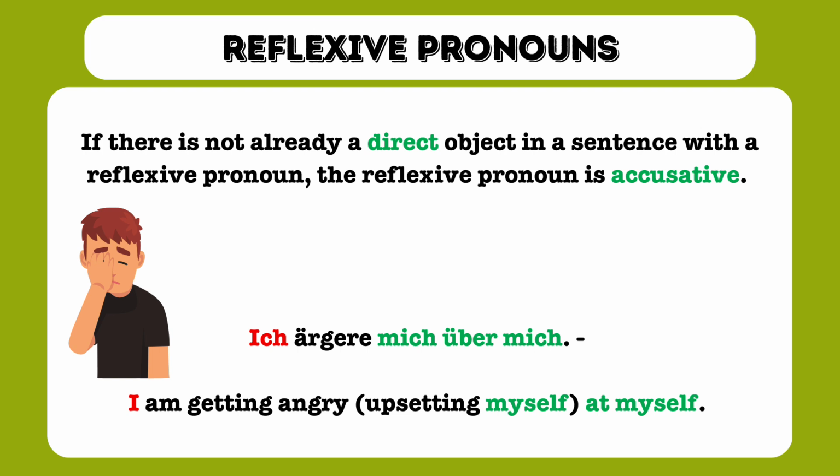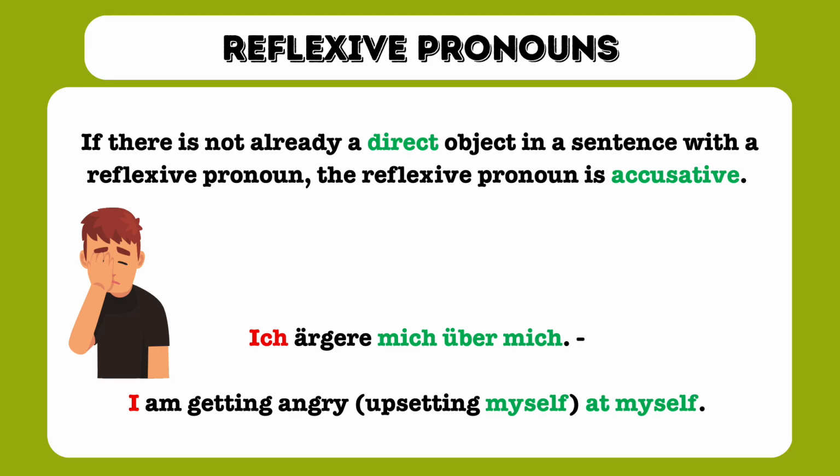I am getting angry at myself, or I'm upsetting myself at myself. Here we have two michs in the sentence. We have mich as the reflexive pronoun right after the word ärgere, and then we have über mich, which tells us about what we are getting upset. We can ignore the über mich for right now, just so that we can concentrate on the one that's actually being used as a reflexive pronoun.